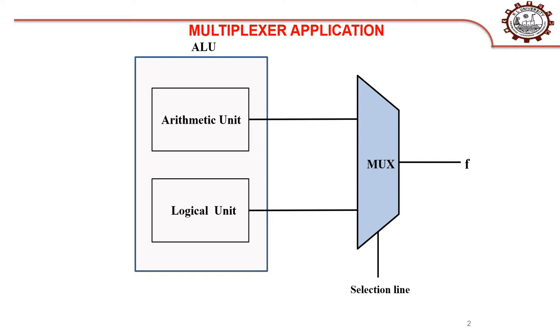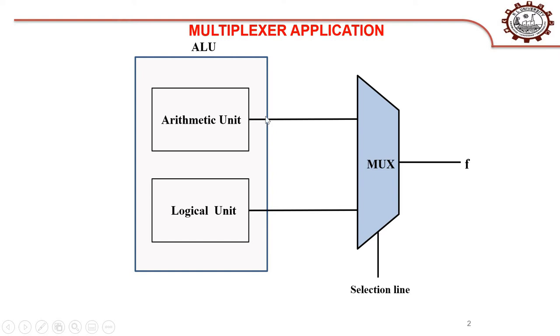This multiplexer has two inputs. One input is connected to the arithmetic unit, the second input is connected to the logical unit. A selection line will be there. This selection line will decide whether the first input or the second input should go to the output.